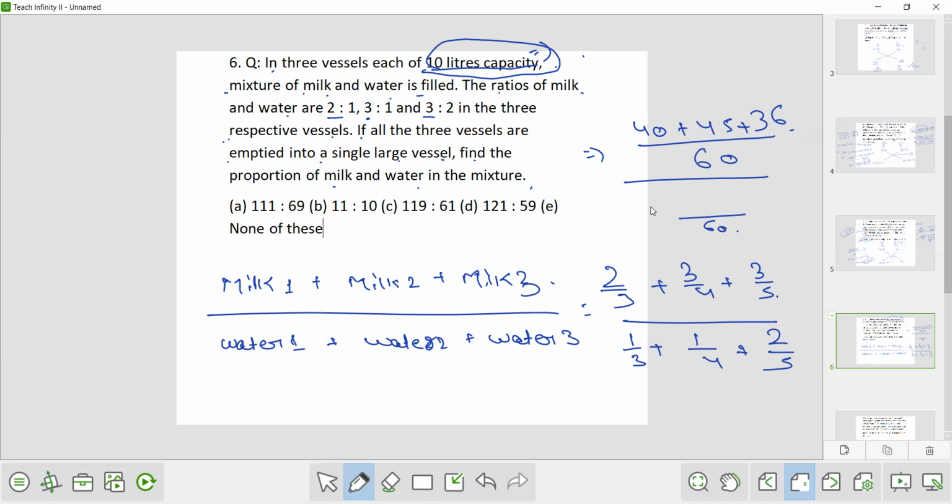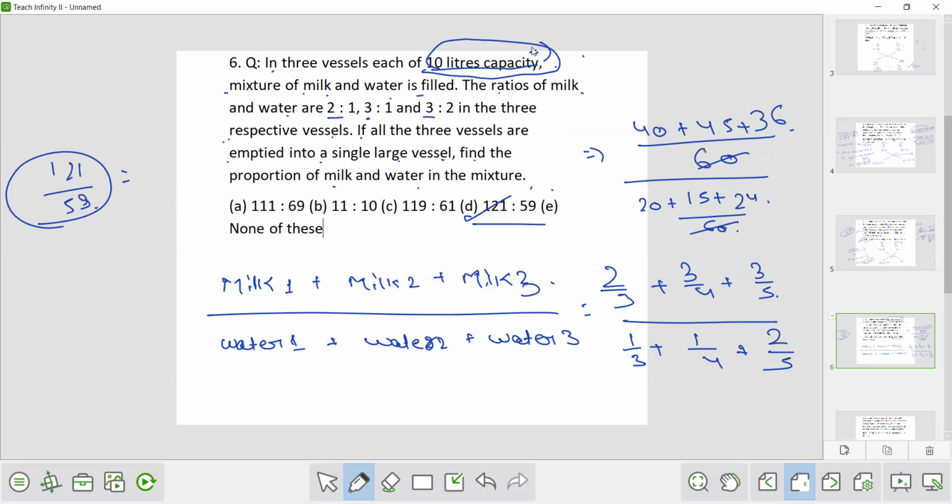So this is 20 plus 15 plus 24. So this 60 and this 60 got cancelled. So this is 121 by 59. So option D is the correct answer, that is 121 by 59.